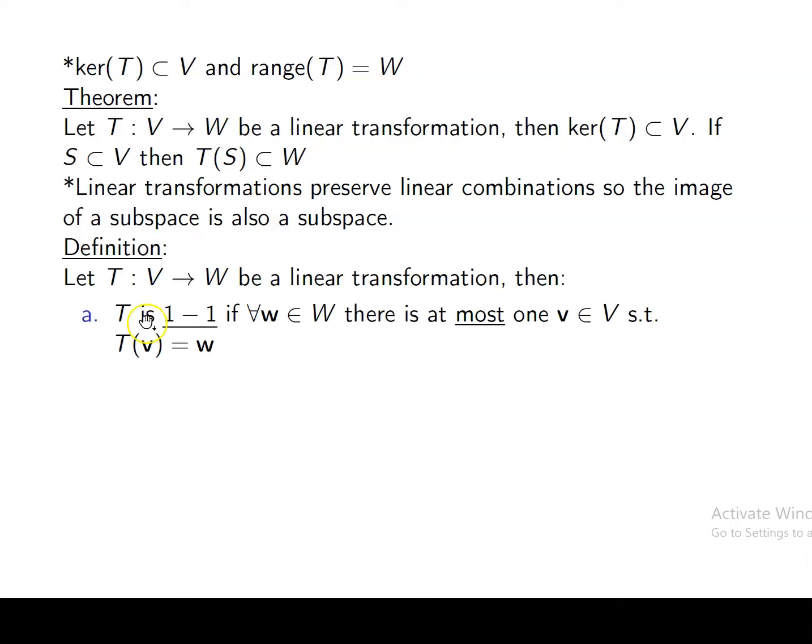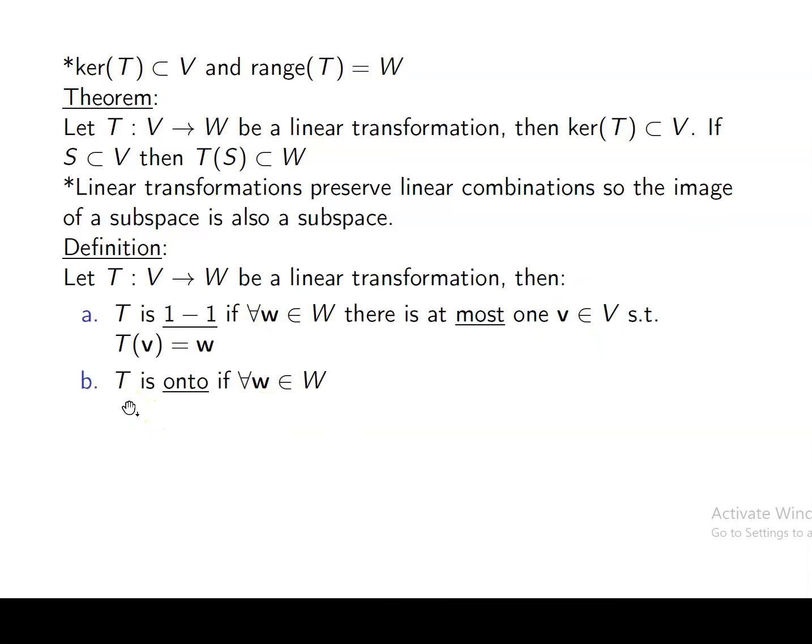So remember what it means to be one-to-one? It means that every vector in V goes to only one vector, has its own vector, in W. Okay, so every vector in W has only one or none vectors in V that go to it. Okay, there will never be two vectors in V that map to a single w. Okay, that's one-to-one.